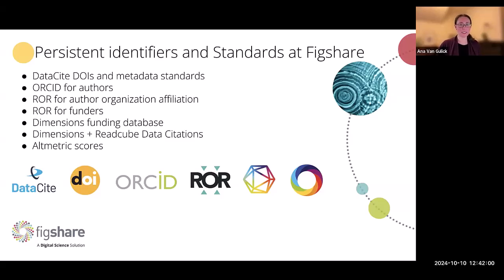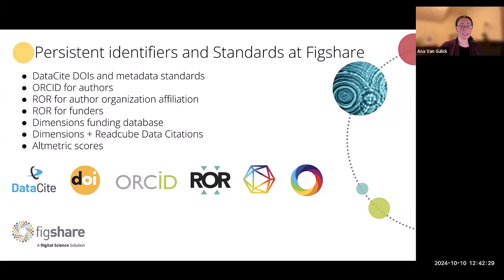It's the Research Organization Registry, and it is used for author affiliation. So what organization, institution, whether that's the NIH or a college or university, what is your institution? And it's a single identifier for that organization. And then these also exist for funders. So then importantly, when you add funding via Dimensions, it is linking the funder ROR.